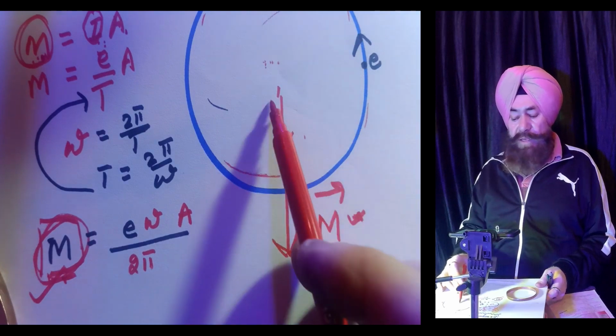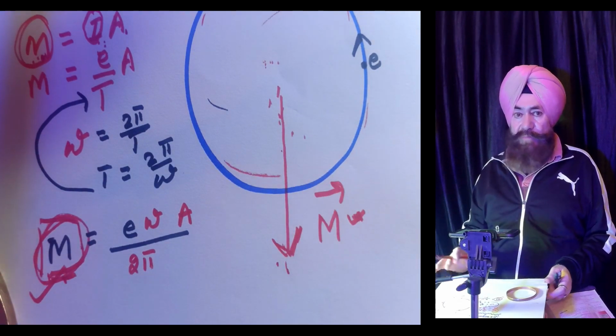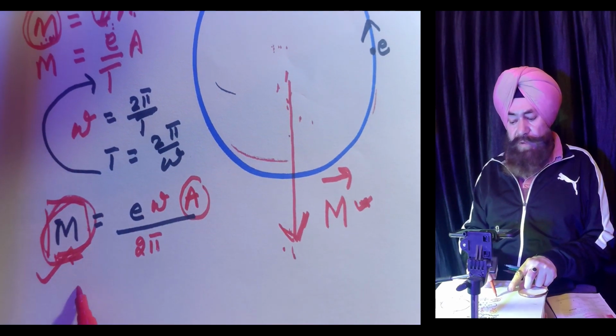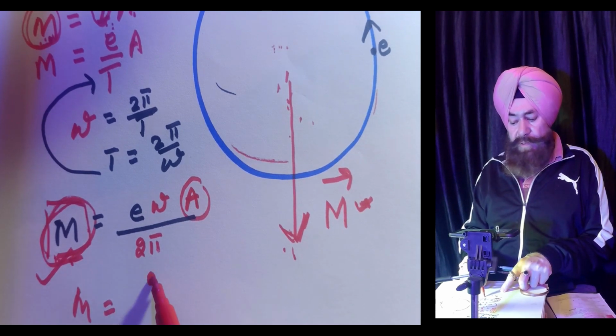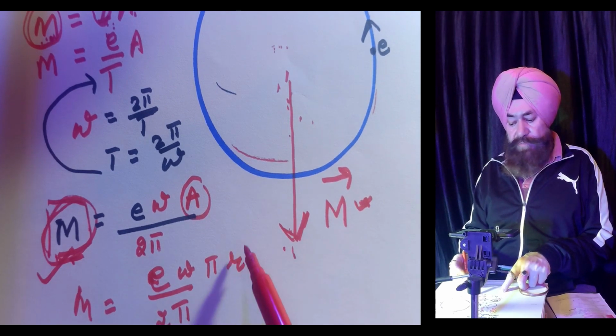So in our case, the magnetic moment is into the paper, away from the reader. Now substituting the value of area, the magnetic moment becomes e omega r squared upon 2.